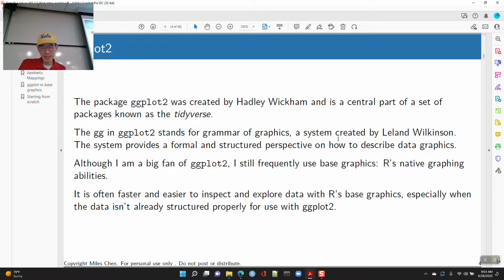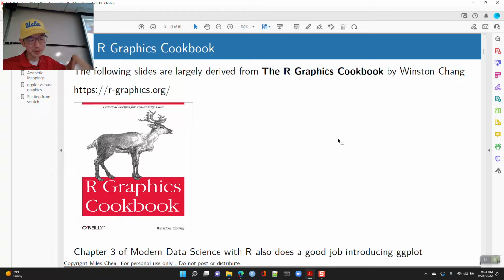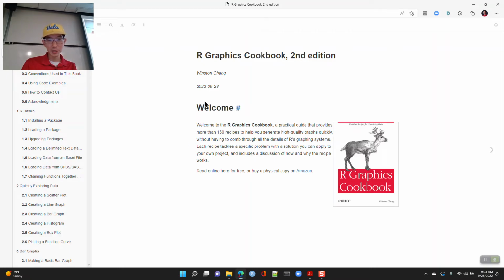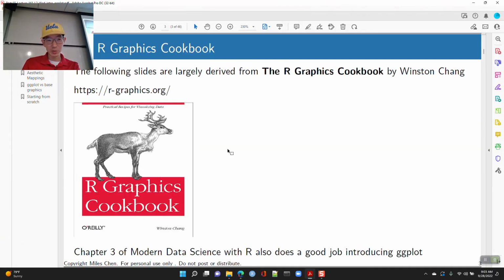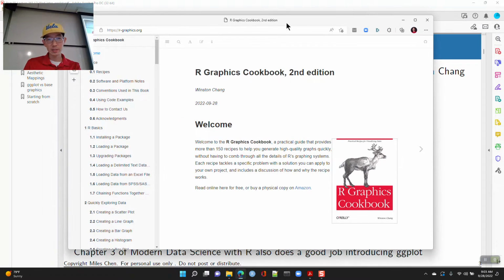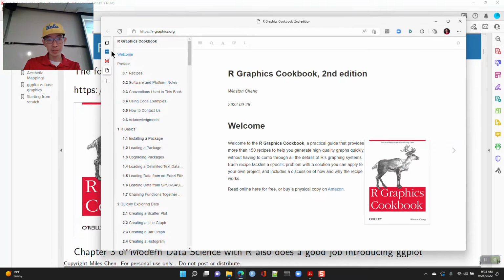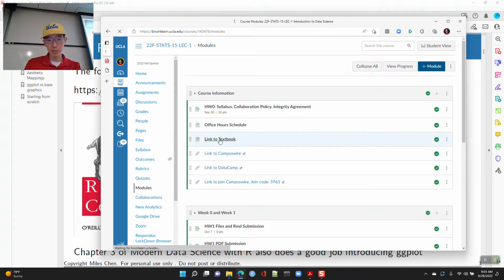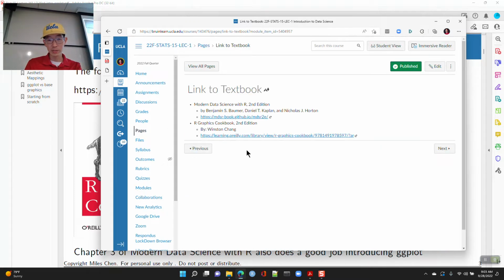Okay, all right. Let me back up a little bit here, and some of this is coming from this textbook, the R Graphics Cookbook. I think you can read the book in your browser right here. I think I've linked it in our syllabus, or at least in your materials, a link to the textbook.